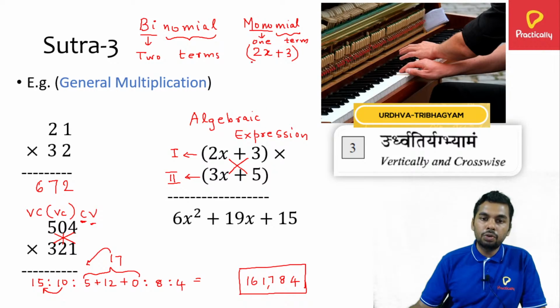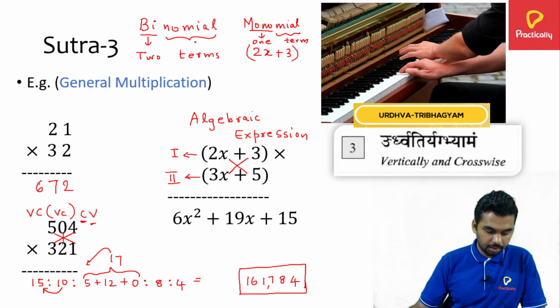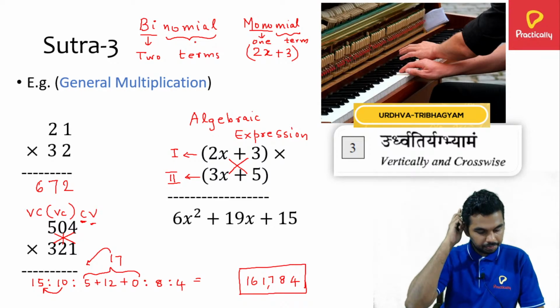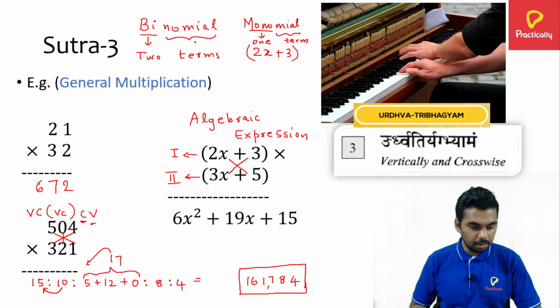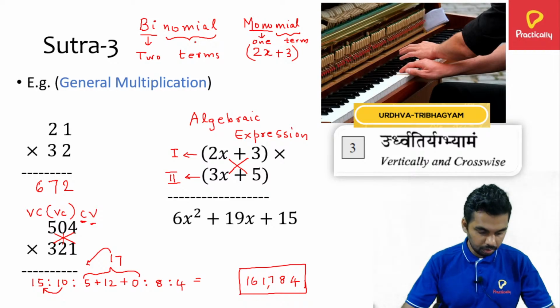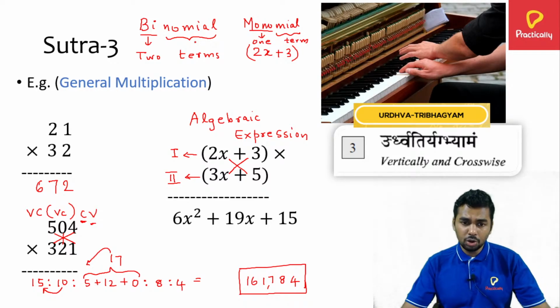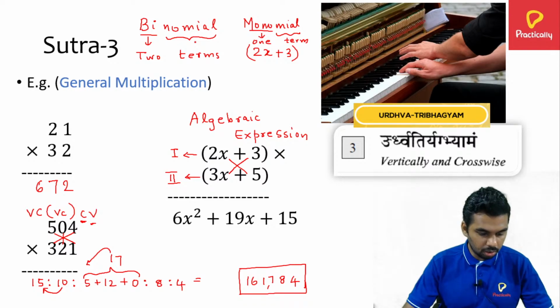So the product of two monomials will give you a binomial. All right. Is it clear, Manvita? If it's clear, kindly give a thumbs up. So in short, binomial just means there are two terms. That's what it means.